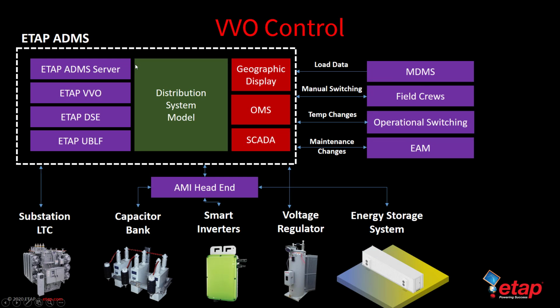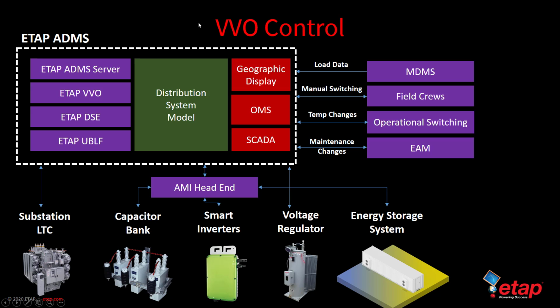So when we move on to operations using ETAP ADMS, we take the same distribution model and the ETAP volt-var optimization studies that we have already done and apply the ADMS server, distribution state estimation, and unbalanced power flow as applicable, along with our geographic display, outage management system, and the SCADA.